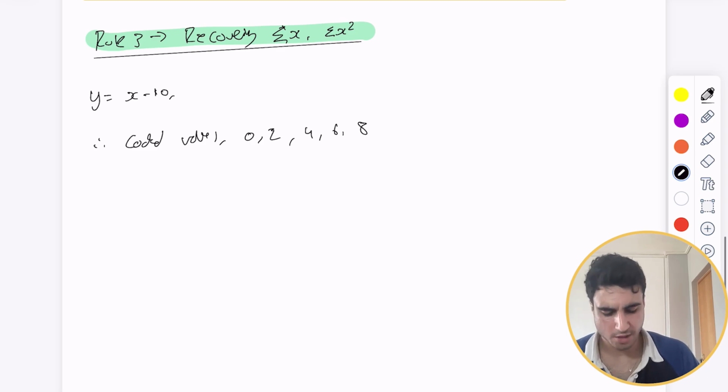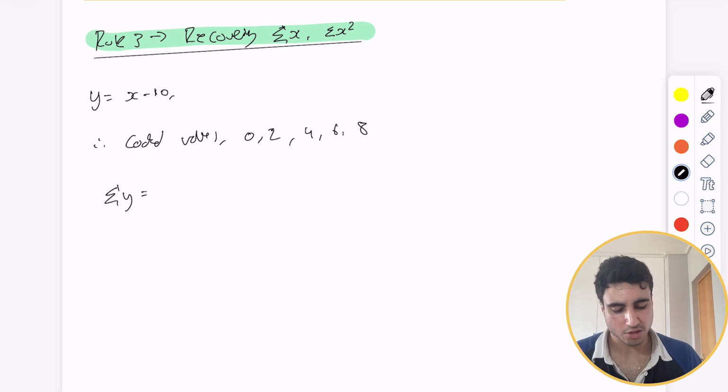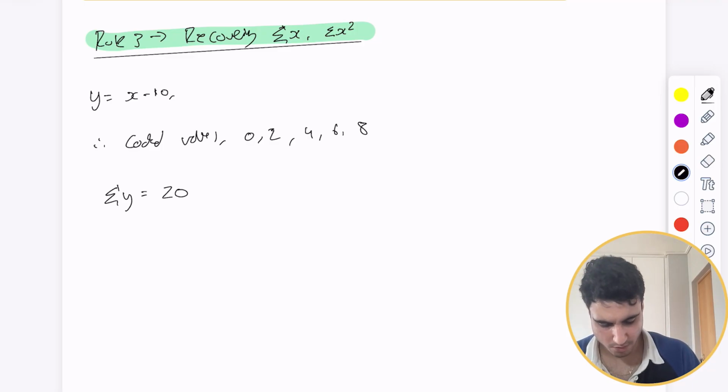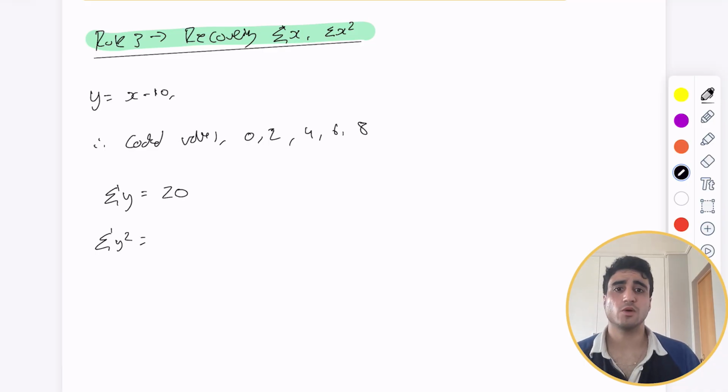This is the set y. So the sum of y, notice I'm doing it for the coded values first. The sum of y, we add these up. That's going to equal 20. Sum of y squared. Well, 0 plus 4 plus 16 and so on. The sum of y squared is going to equal 120.